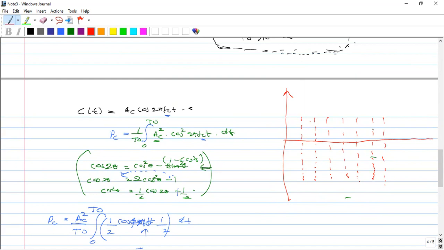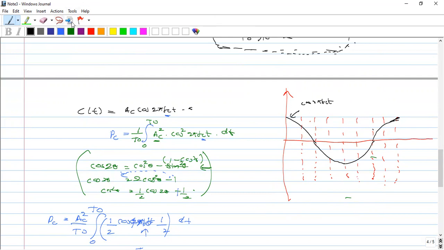Our first signal is like this, it is like this one, this one, and this one, and it is in this way. This is the cos 2π fc t.